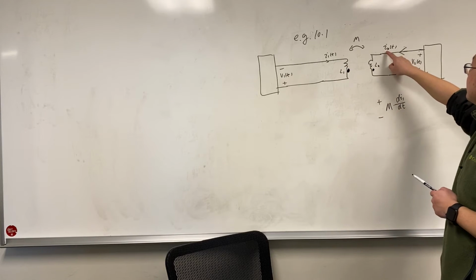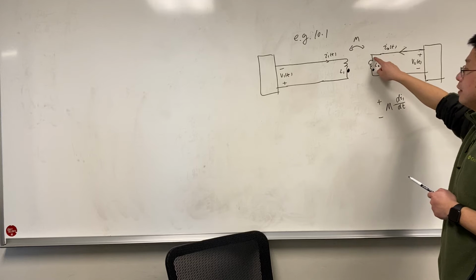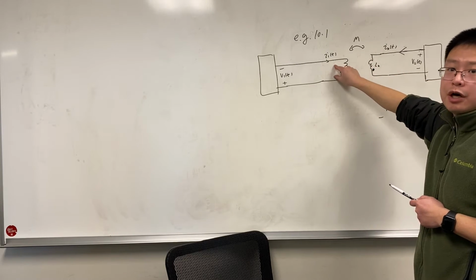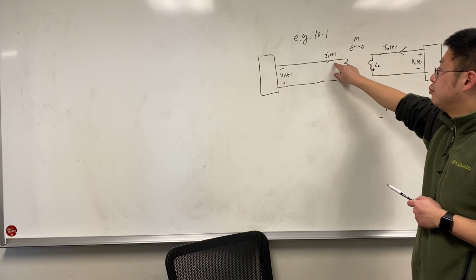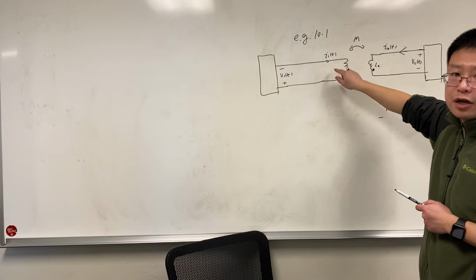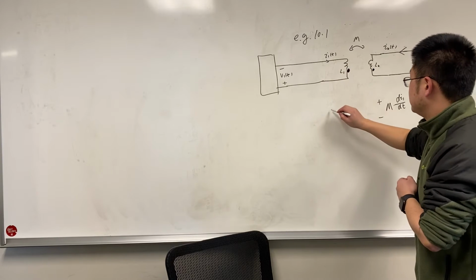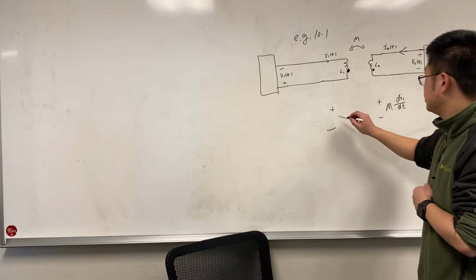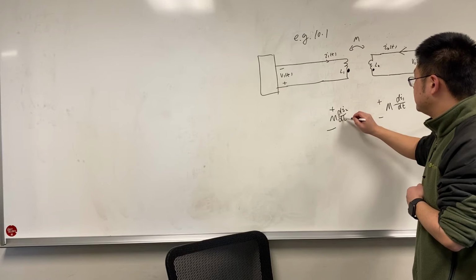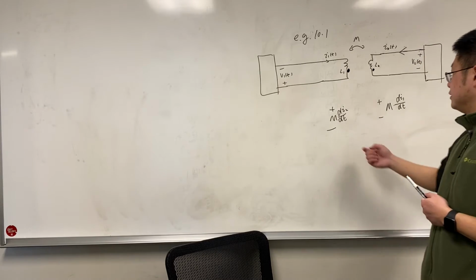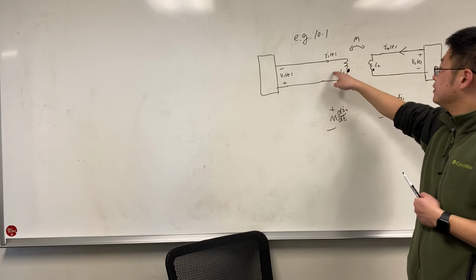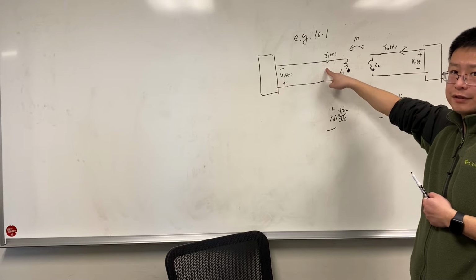And also the same thing, I2 is also entering the undotted terminal, so it will generate a positive voltage at the primary winding, positive at the undotted terminal, so that it will generate a voltage M di2/dt. This is the mutual inductance. And how about the self-inductance?